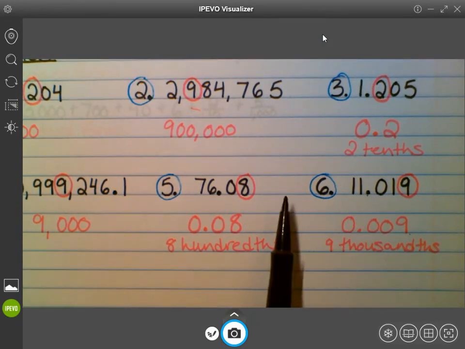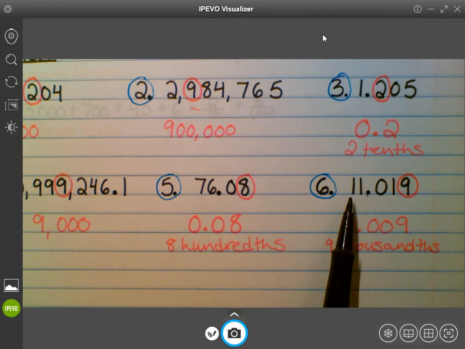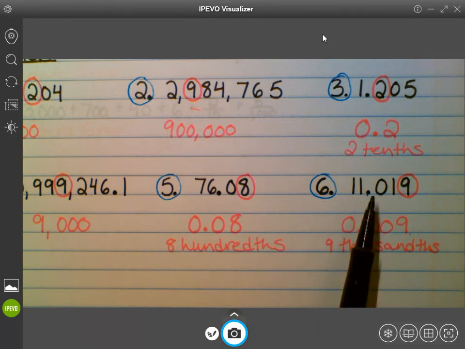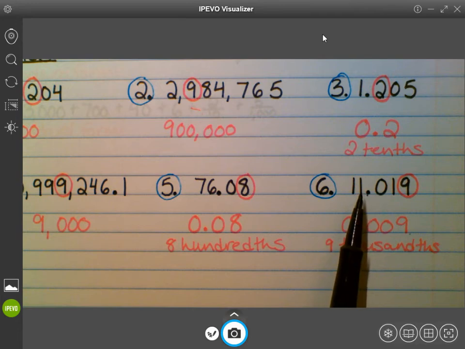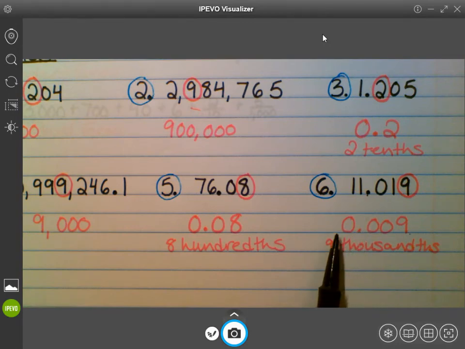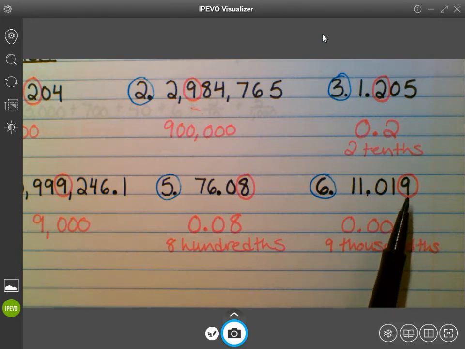Anything to the left of the ones place, we don't include. So, for example, number 6, our ones place is here, right? This other one, we wouldn't include. We need to have a 0 in the ones place, though, because if you're going to have a decimal, you need to have a digit or a number on either side of it. And then everything else becomes zeros except for the one that you want to keep.